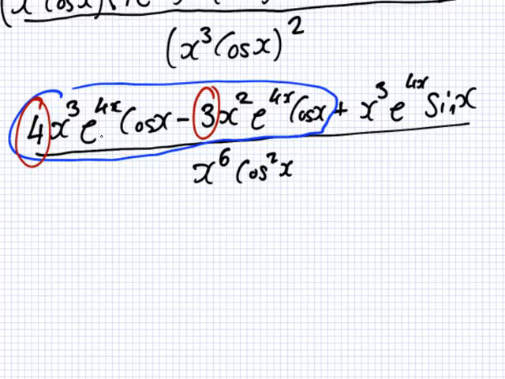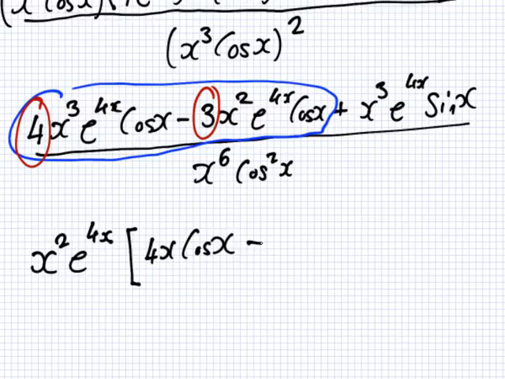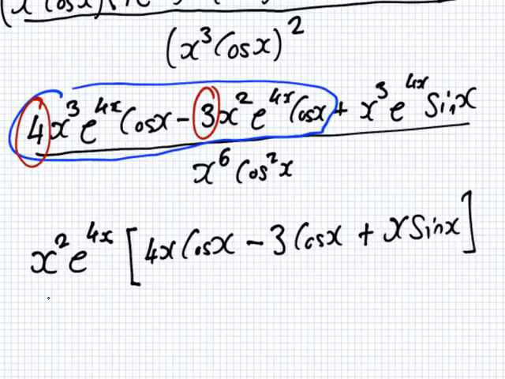I don't really think there's much I can do to simplify it. On the top I can take out x squared e^4x and I'm left with 4x cos x minus 3 cos x plus x sin x. There's nothing I can do to simplify.